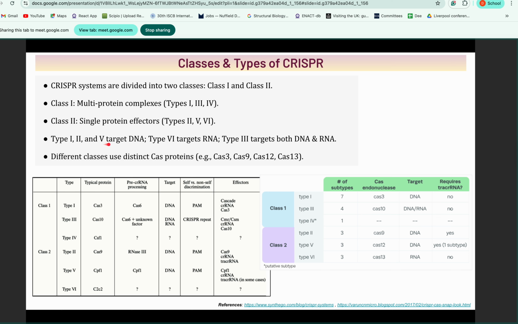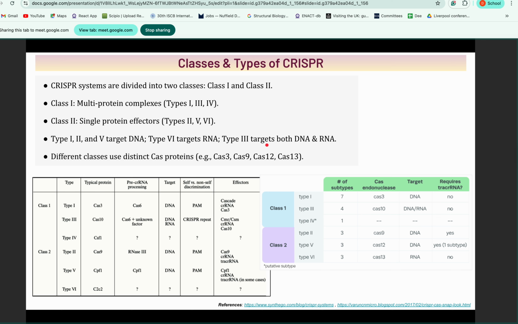Type 1, type 2, type 5, they target DNA. Type 6, which is from class 2, targets RNA. And type 3 from class 1 targets both DNA and RNA. When we say target, we mean that the viral genome can be an RNA virus or a DNA virus.